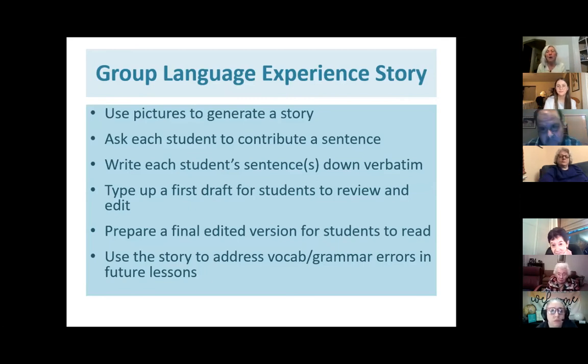Once they've made all of their changes and you've added your own suggestions, you prepare a final edited version for the students to read, which is always kind of fun because then it's their story. Then, based on how the story gets put together and the mistakes that you find, you'll use the story to address those vocabulary and grammar errors in future lessons.